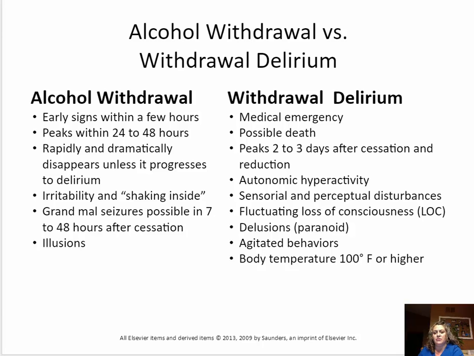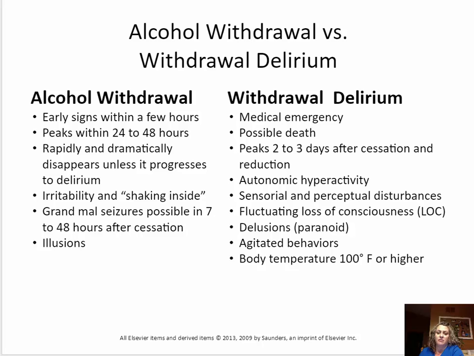So, acute alcohol withdrawal versus alcohol delirium. We talked about delirium a little bit in the chapter over neurocognitive disorders. This is delirium specifically related to alcohol withdrawal. Alcohol withdrawal in a chronic alcohol abuser may be seen within a few hours of the last drink.